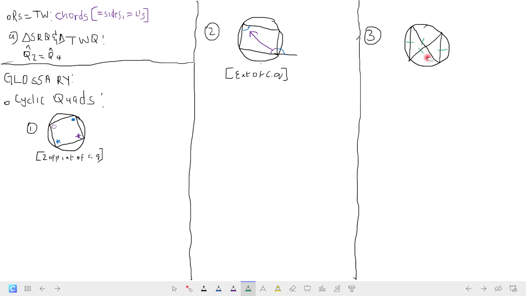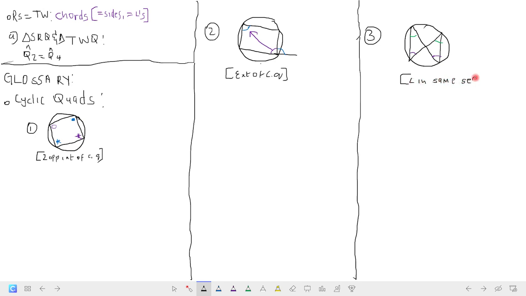Hence it's a cyclic quad because all the corners touch a circle. If you have something like this, then this angle is going to be the same as this angle, and that angle is going to be the same as that angle, right? So this one is called angles in the same segment.